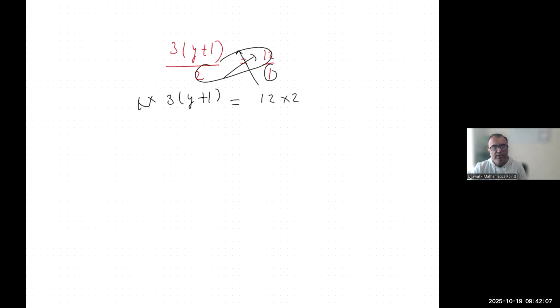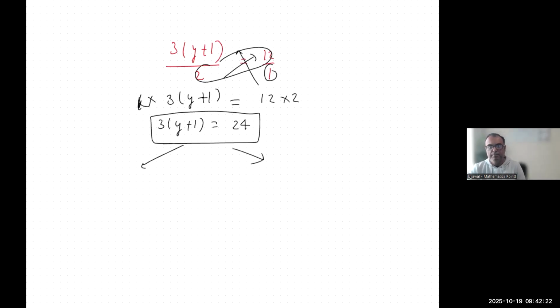So this is 1. 1 times 3 is 1. And 12 times 2 is 24. And now you can use the 2 ways that I explained by opening the brackets up and solving, or take this 3, get rid of this 3 first, and solve it.